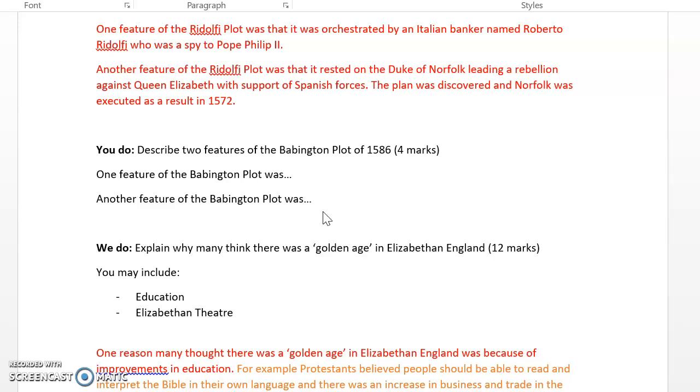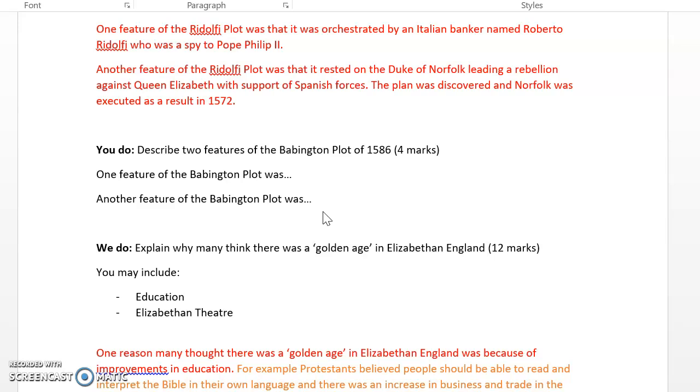All 3 have similarities that focus around murdering Elizabeth, because she's a Protestant really, and putting Mary, Queen of Scots, on the throne in her place. The Duke of Guise, who's Mary, Queen of Scots' cousin, living in France, the aim was for him to invade from France with 60,000 men and put Mary, Queen of Scots, on the throne.